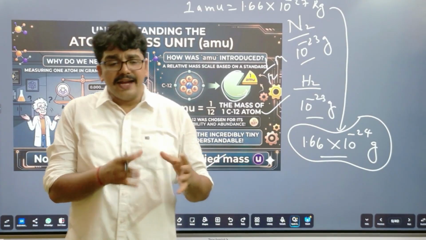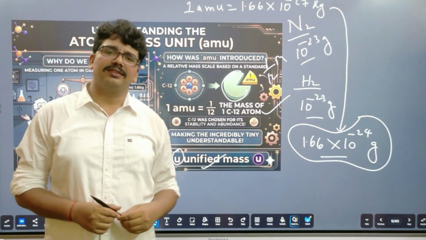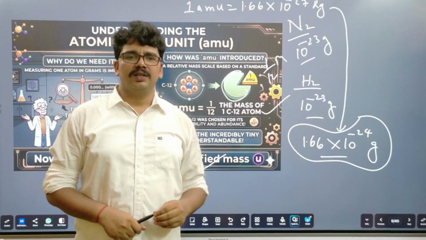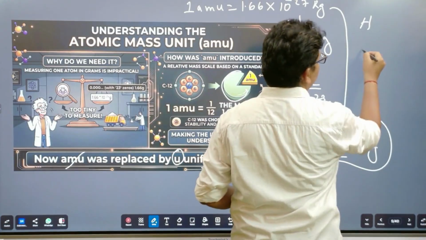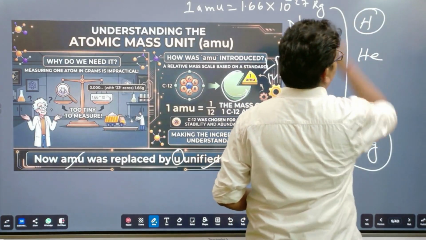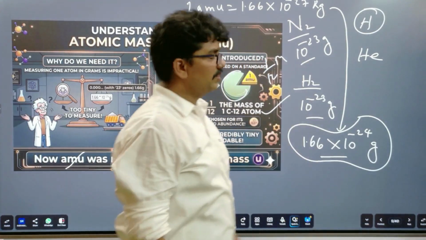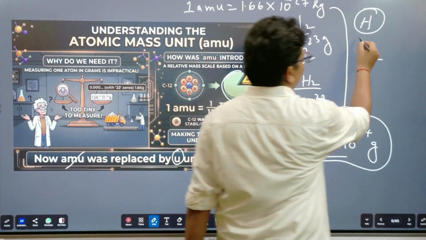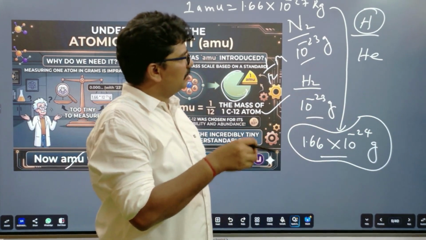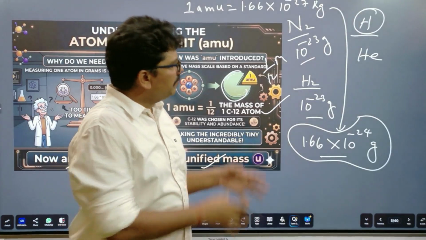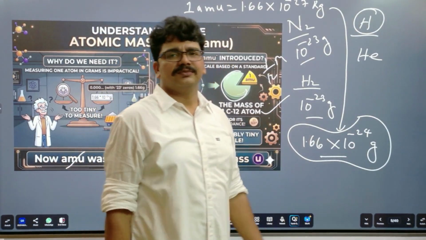Previously, hydrogen was used as a reference. Earlier, hydrogen is used as reference. Hydrogen is the smallest atom and it has the least atomic mass.